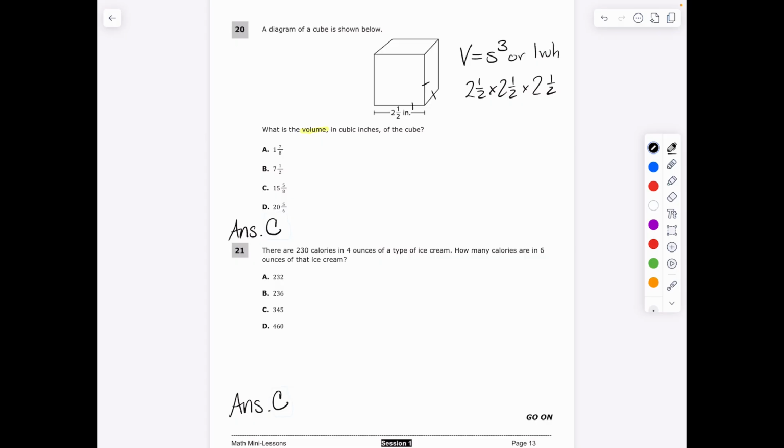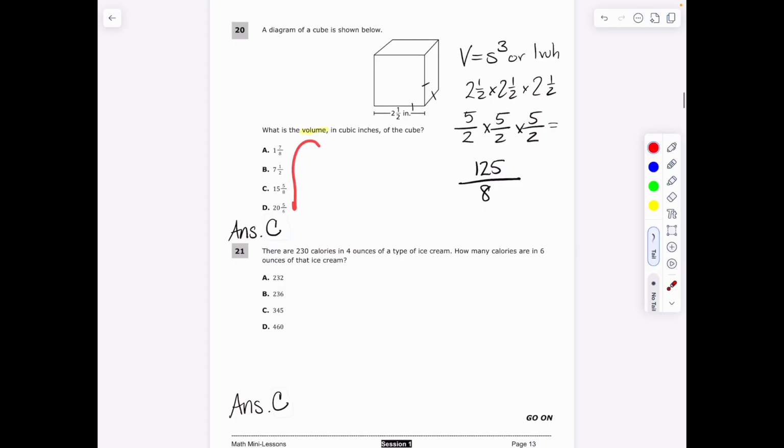All right, so let's change these to improper fractions. So 2.5 is the same as 5/2 times 5/2 times 5/2. All right, 5 times 5 is 25. 25 times 5 is 125. Over 2, and we've done the 2 to the 3rd power so many times. 2 times 2 is 4, times 2 is 8. Okay, so that's my first part. So far, I scan, and I don't see this number here, so it's telling me I should probably change it back to a mixed number.